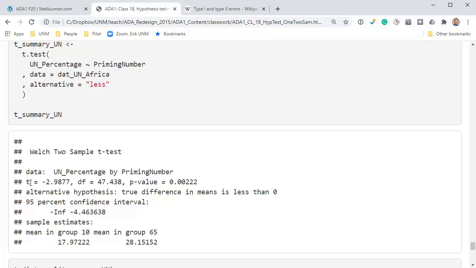Okay, so we've got a t-statistic here of almost -3. We have a p-value of 0.002, which is pretty small, and the true difference in means is less than 0. Now it is possible in a two-sample test not to just ask whether one is less than the other, but also to ask whether one is less than, say, 5 less than the other. You know what I mean?